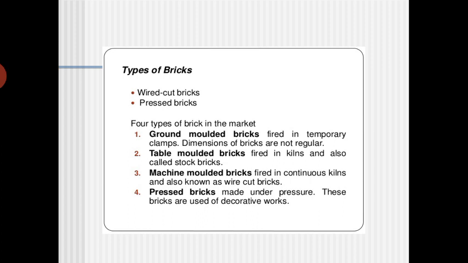Ground molded bricks are fired in temporary clamps, and the dimensions of the bricks are not regular. They don't use any standard mold for ground molded bricks. With the help of some irregular type of mold, sometimes a wooden mold, they prepare these bricks, and they are normally burnt not in a standard kiln or standard burning place.